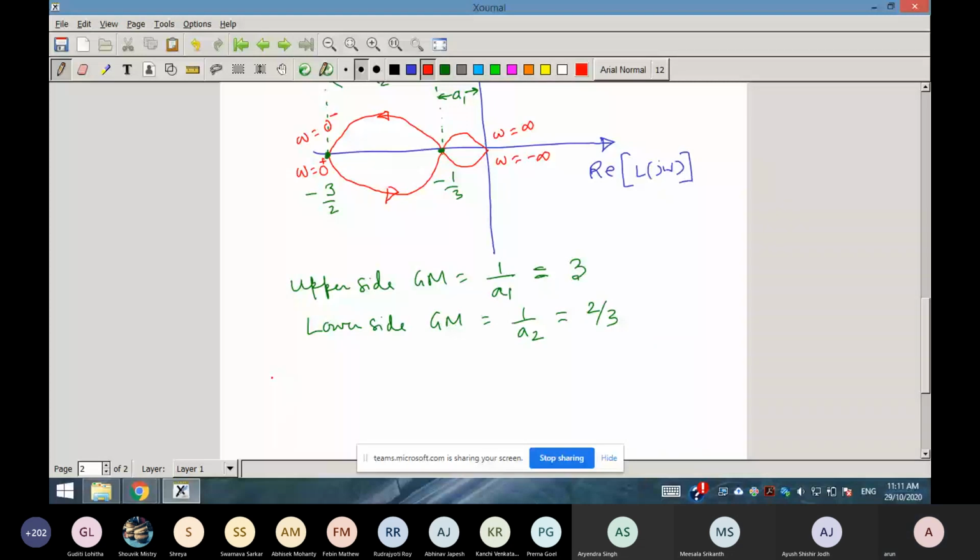Note, Nyquist plot is symmetric with respect to x and y axis.